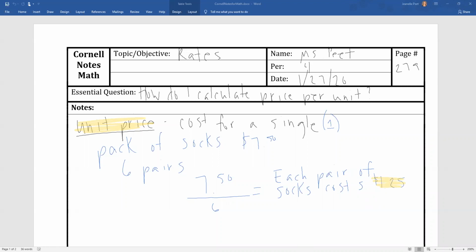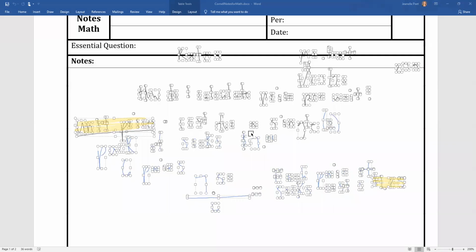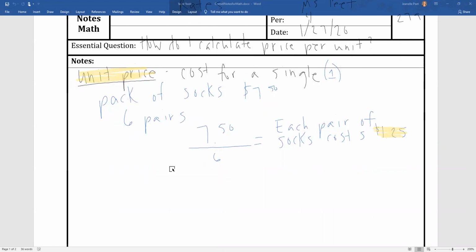I'm going to scroll down a little bit so I have some more room. So to compare, I could also buy a pack of socks for $10.75, and I would get 8 pairs.